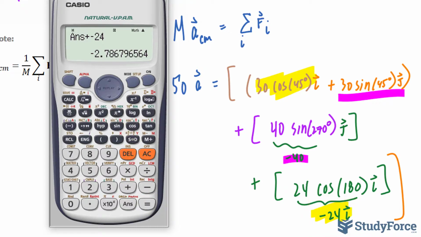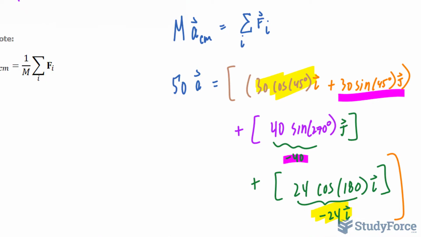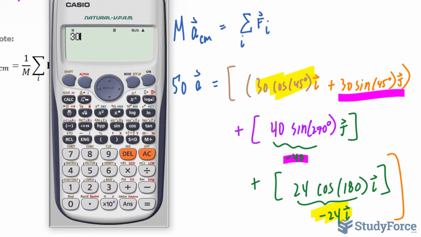And we get negative 2.78, or negative 2.8. Negative 2.8 i. For the j's, we will take 30 times sine 45 plus negative 40.